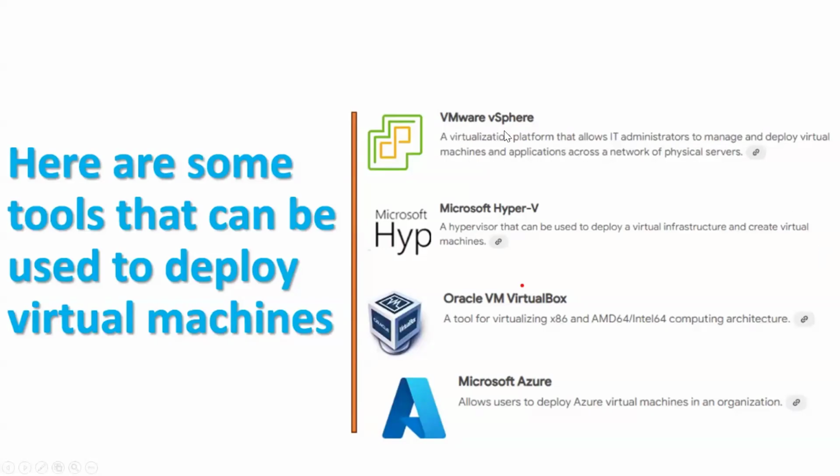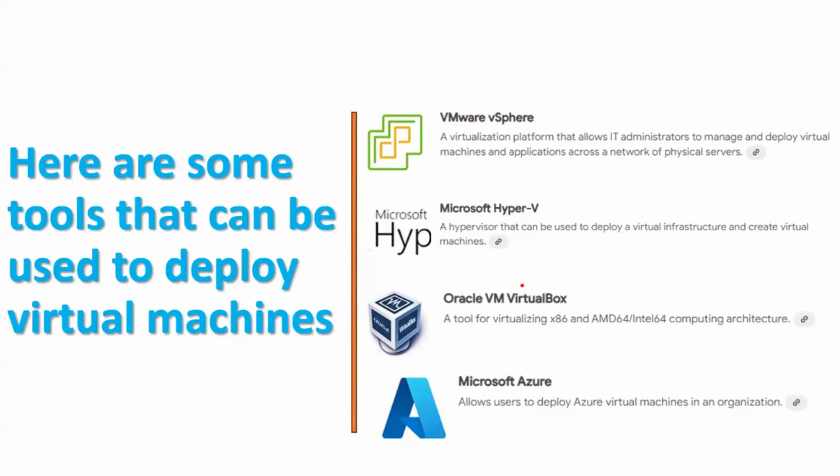Either you can use VMware Workstation, Microsoft Hyper-V, or Oracle VirtualBox, or you can go to the cloud, where you can spin up the VMs on top of Azure, AWS, or Google Cloud as well. On our laptops, if we have enough resources in terms of cores, storage, and memory, we can use any one of these tools and build virtual machines.